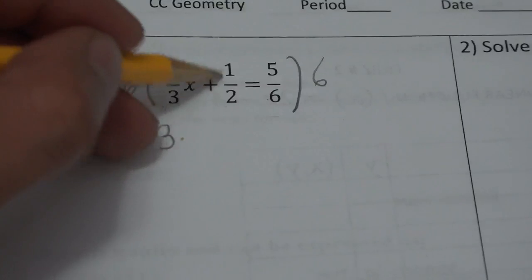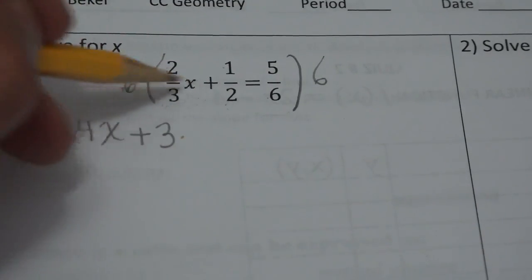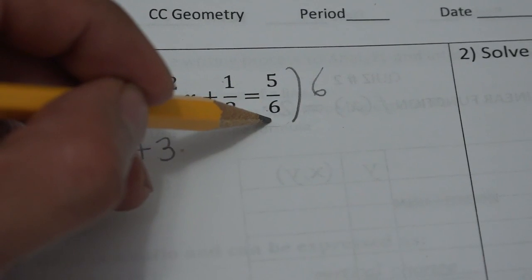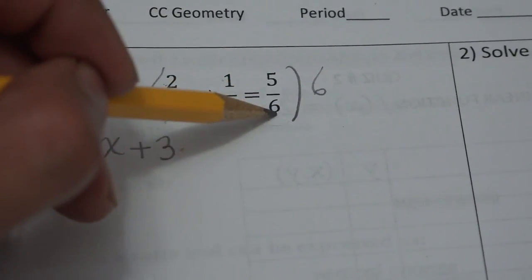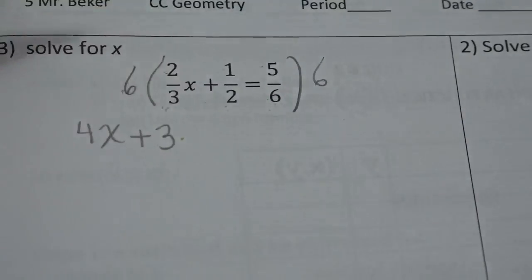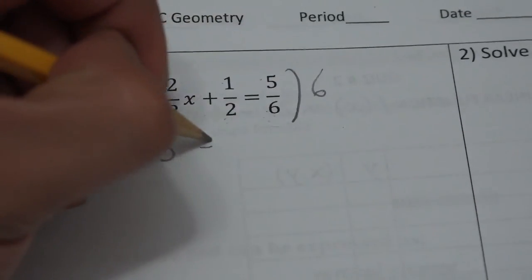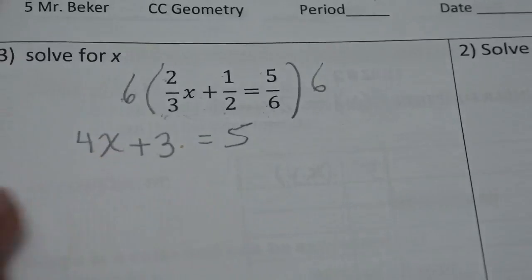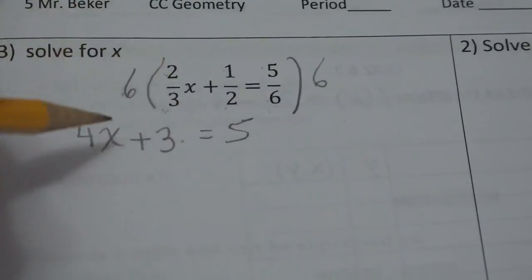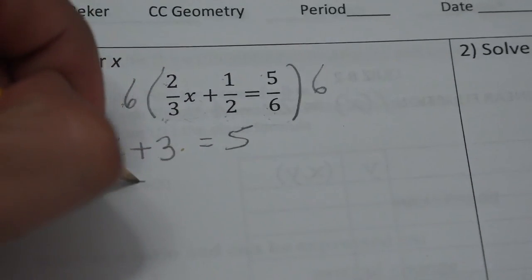Keeping in mind the signs, okay? Positive times negative, positive times positive is positive. All right. Now, 6 divided by 6 is 1. Well, when you multiply and divide by the same number, they cancel out. It becomes 1. So 6 divided by 6 is 1, times 5 is 5. And look, now you have a beautiful equation without fractions. So now what am I going to do? I'm going to use the additive inverse.